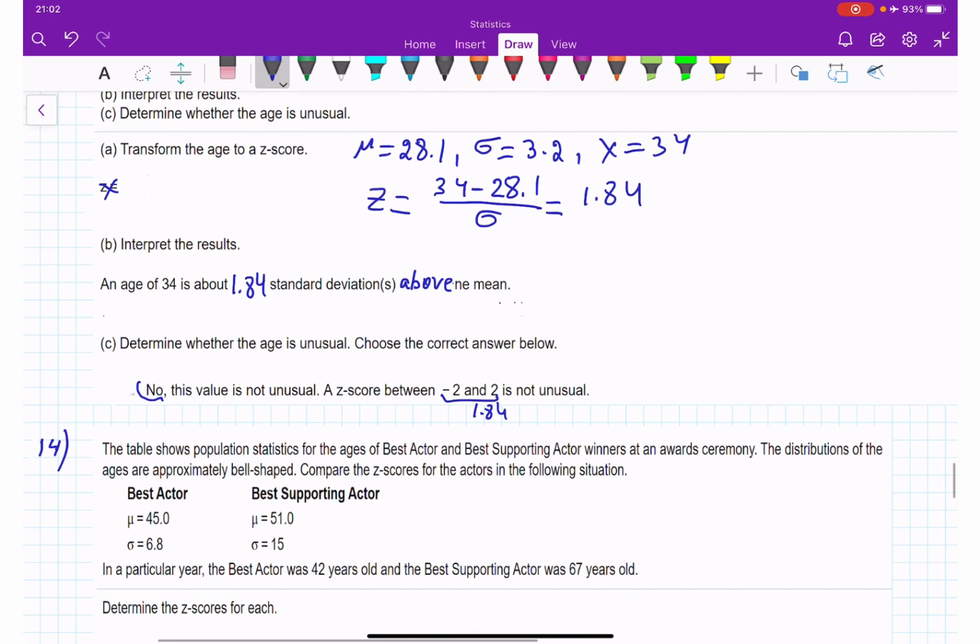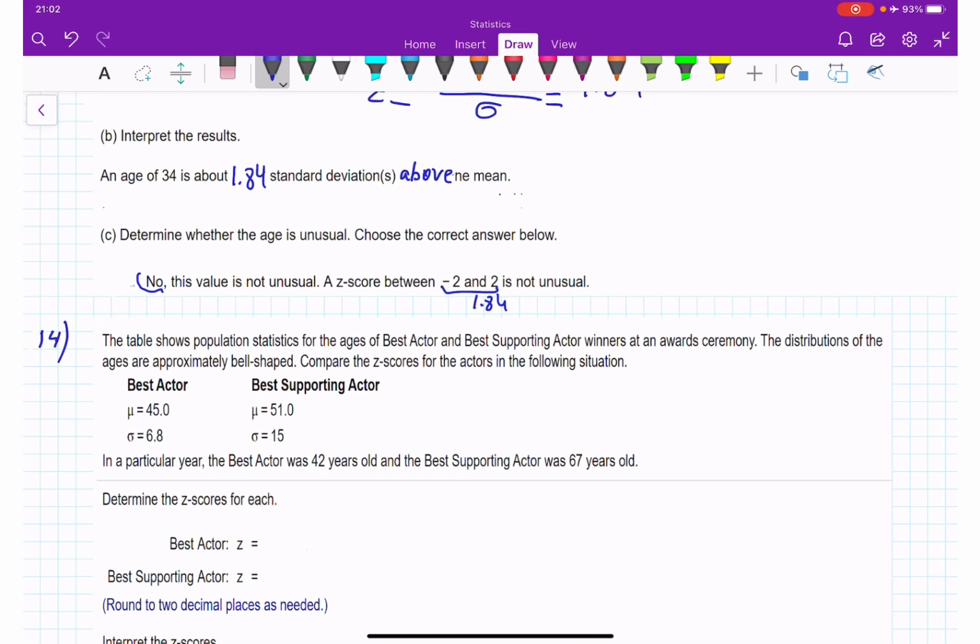Question number 14. The table shows population statistics. It shows the average age for best actors, the standard deviation for best actor, the average age for best supporting actor, and the standard deviation for best supporting actor. We need to find, in a particular year, the best actor was 42 years old, and the best supporting actor was 67 years old.